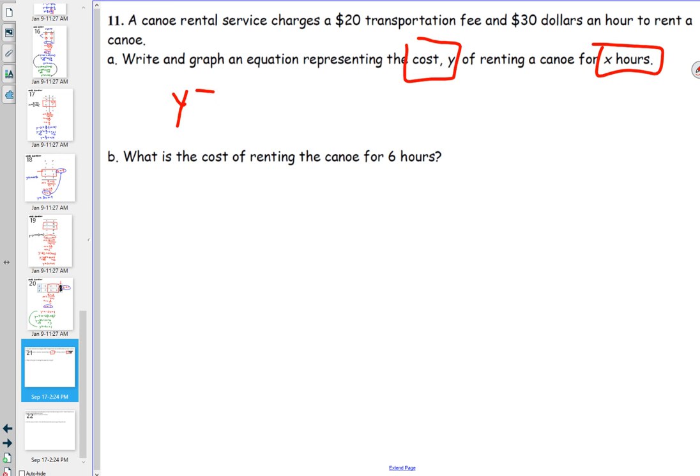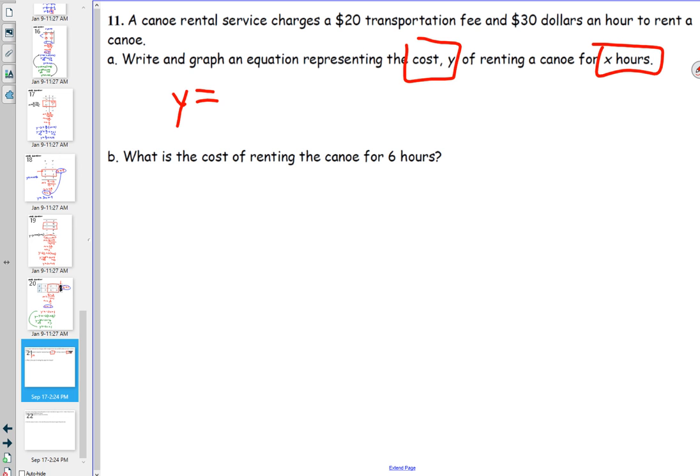So y, the cost, is equal to... What do you have to pay if you're paying a $20 transportation fee and $30 per hour? What are you gonna pay no matter what? Yeah, the $20 transportation fee you have to pay. Those stupid fees.